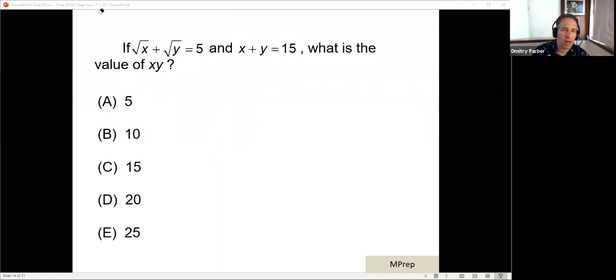if I square this expression, then I'm going to get the square of this and the square of that and 2 times the middle.